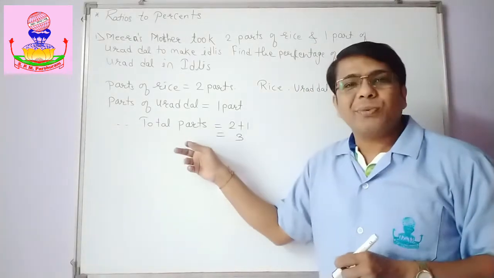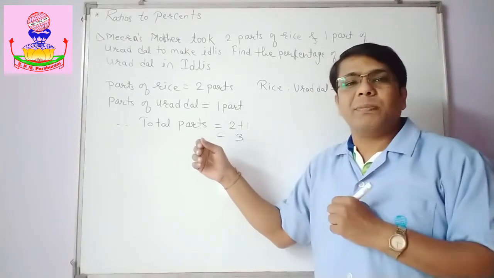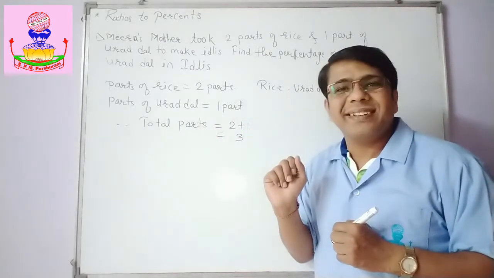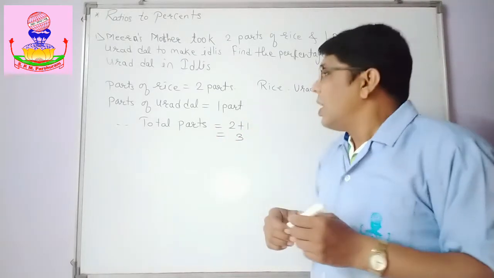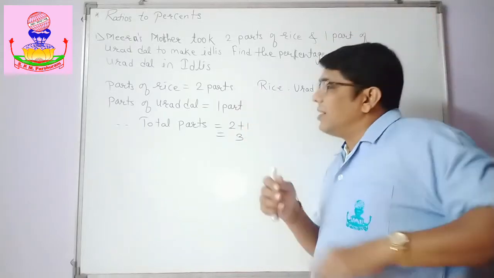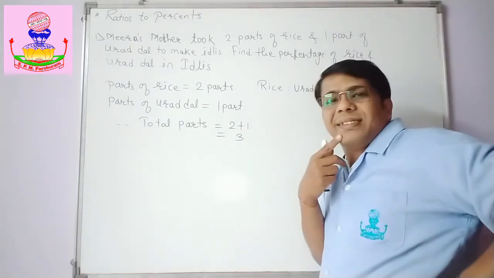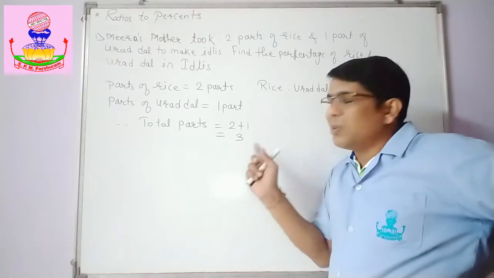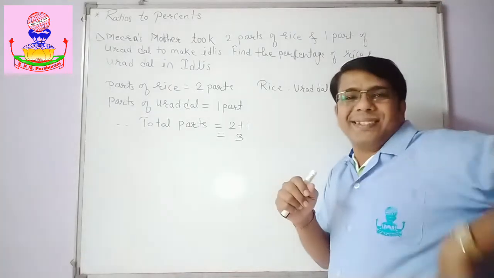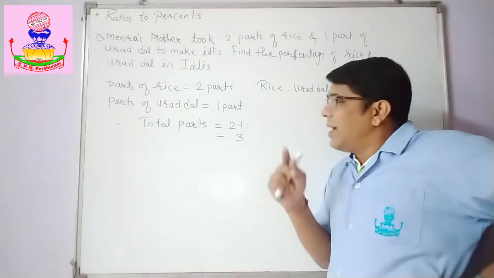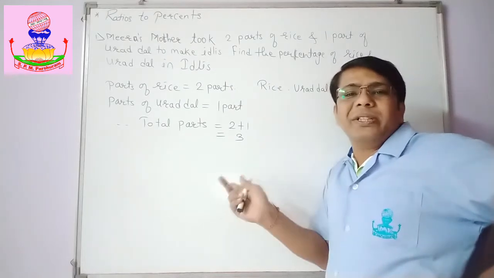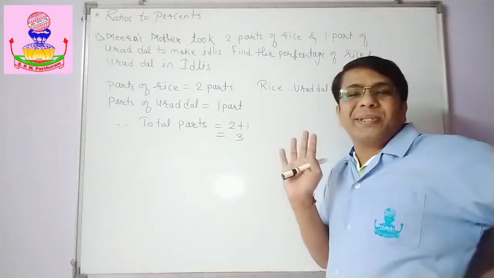Okay, so total parts, what did they do? They calculated total parts. So, 2 plus 1, that is 3. Okay, so how much rice did they take? 2 upon 3, 2/3 part of the total. And how much urad dal did she take? 1 upon 3, 1/3 of the total.